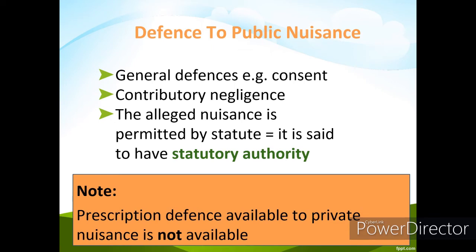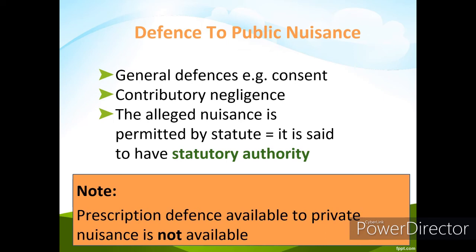Another defence would be that the nuisance is permitted by statute, in which case it would be said to have statutory authority. So perhaps there's local building taking place, and that building is as a result of planning permission being granted. That would be statutory authority. So there would be a defence to any public nuisance.